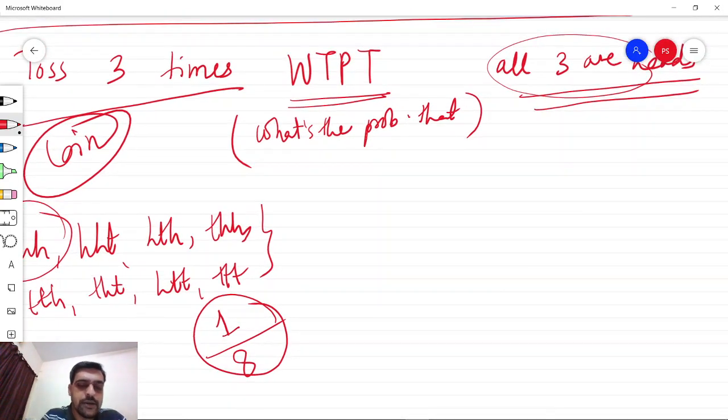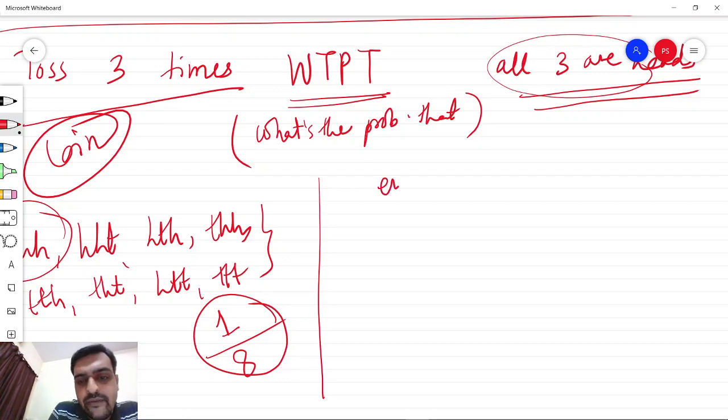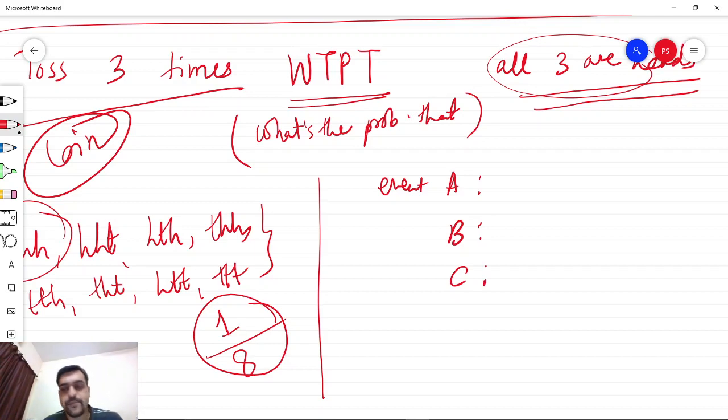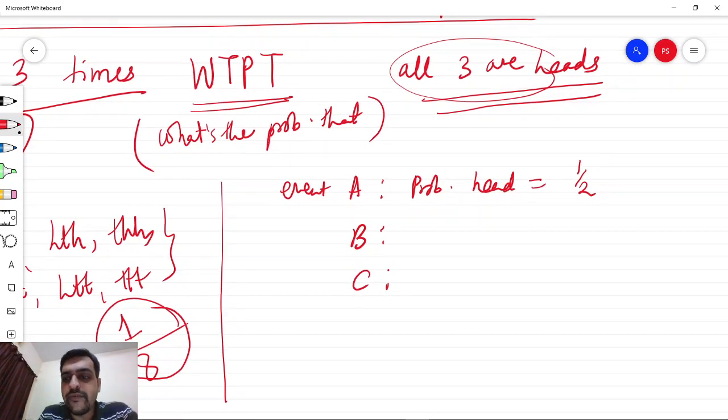But let us try to solve the same problem using the theorems. We can define 3 events. Event A, the coin is tossed the first time. Event B, the coin is tossed the second time. And event C, the coin is tossed the third time. When a given coin is tossed, the probability that a head will occur is 1 by 2, because there are 2 sides to a coin, head and tail, with equal probability of 50%.